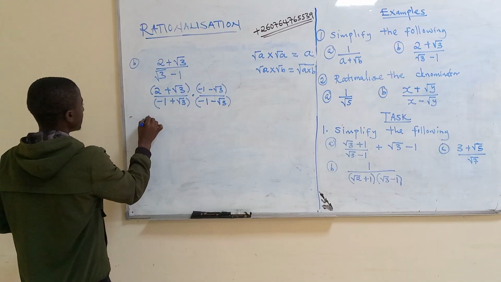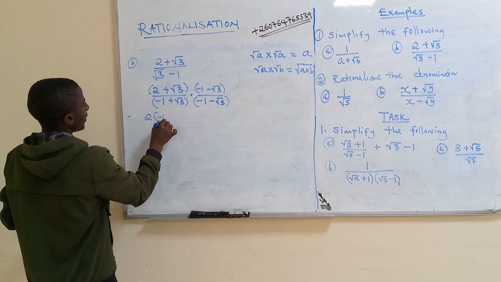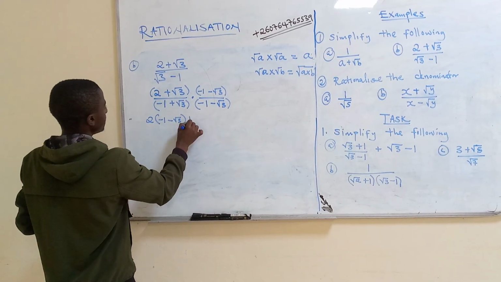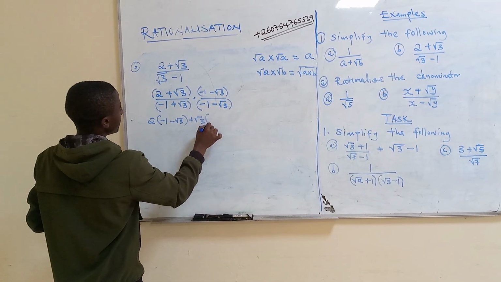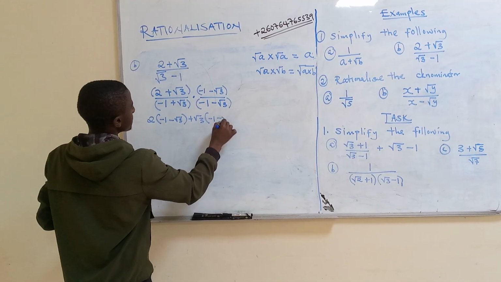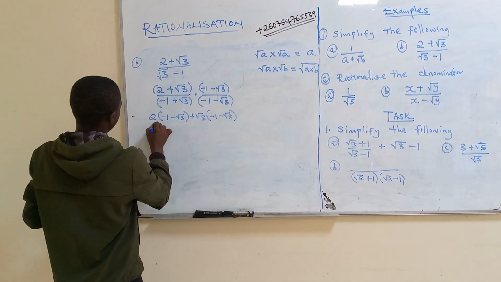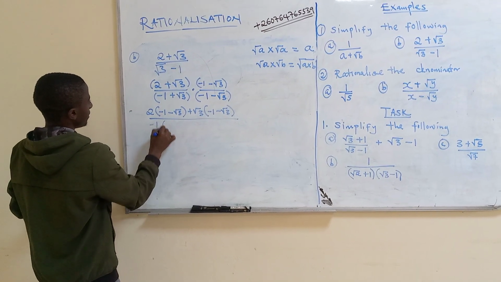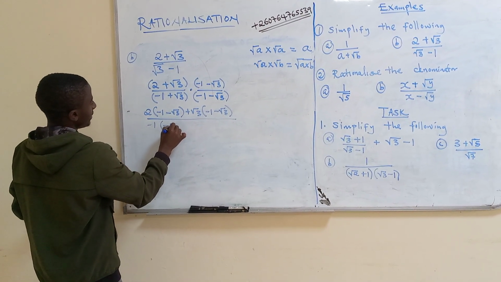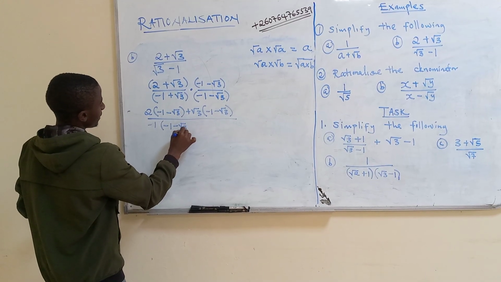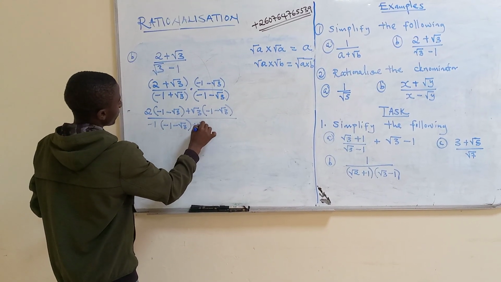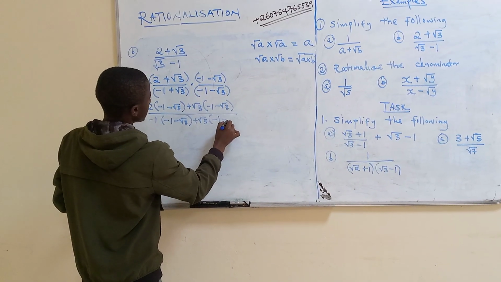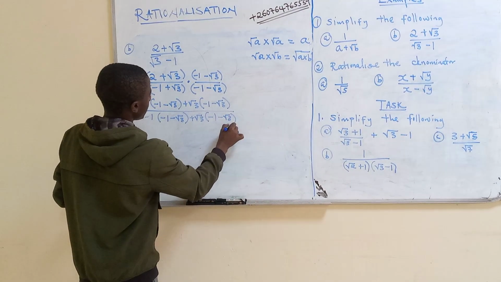So I'm going to get 2 negative 1 negative square root of 3 positive square root of 3 negative 1 minus square root of 3 over, this is negative 1 open brackets negative 1 negative square root of 3 positive square root of 3 negative 1 minus square root of 3.